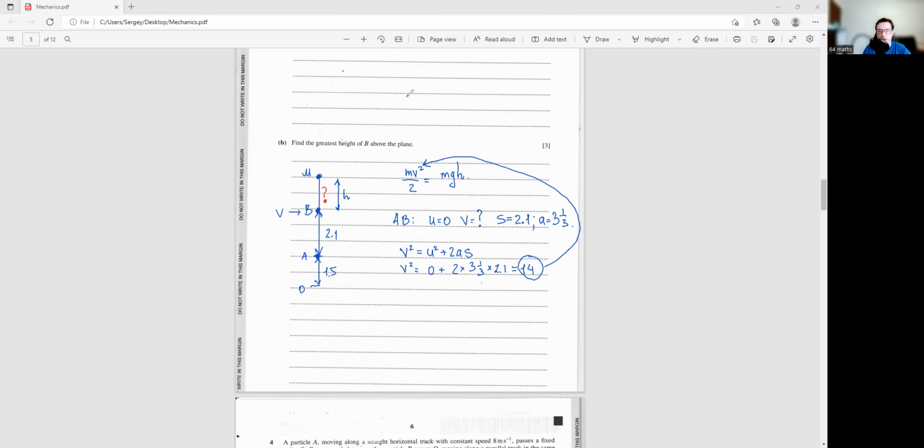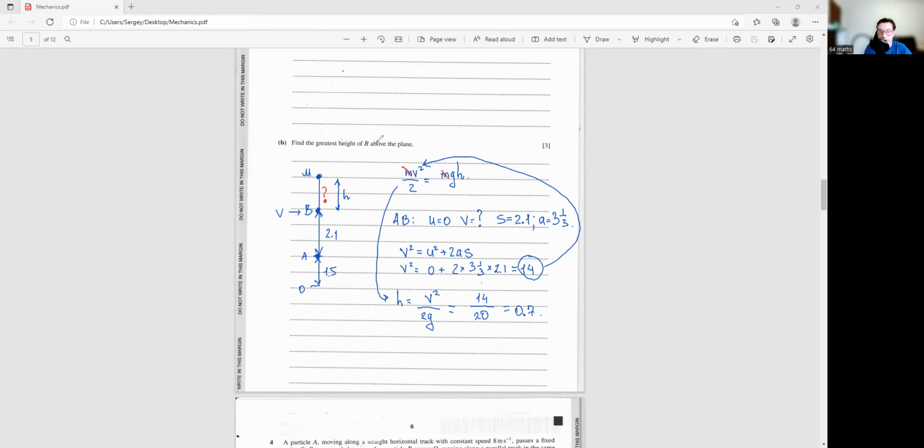Now in this equation, we don't even need the mass. Now let's rearrange this equation to find the height. So h equals v squared over 2g. Now we know that v squared is 14, so it's 14 over 20, which is 0.7.